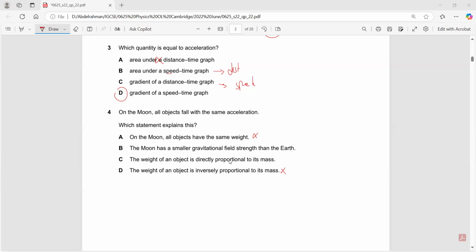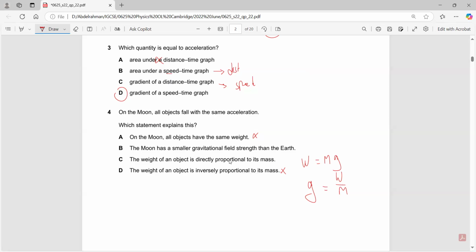What do I mean? We know that weight equals mg. So if I want to find g, the gravitational acceleration, it is weight over m. This is constant for any mass and its weight on any planet. For example, on Earth, if you divide the weight by the mass for any object, g would be the same, 9.8 meters per second squared.